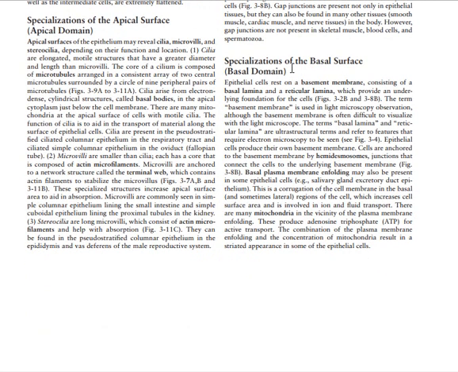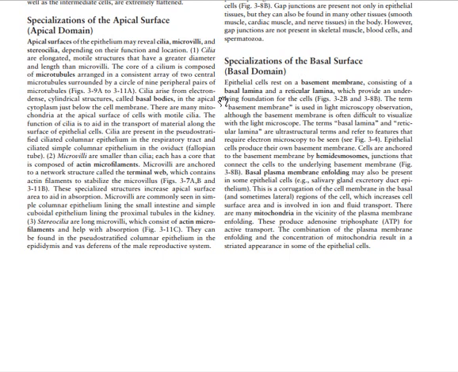Now the next thing to visualize is specialization of the basal surface. At the basal surface, we have what is called the basement membrane. The basement membrane can just be seen on the light microscope, but in order to really appreciate it, we are going to use an electron microscope.